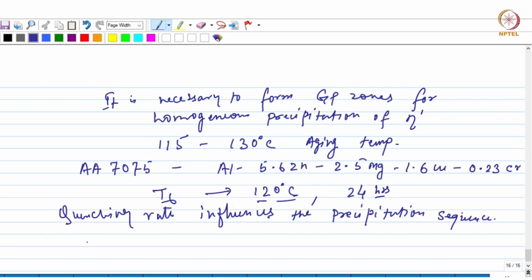If the quenching rate is slow, then the precipitate will form directly, and they will form preferentially on dislocations and grain boundaries.